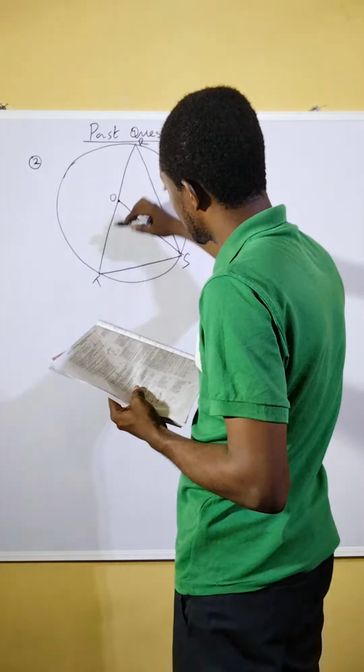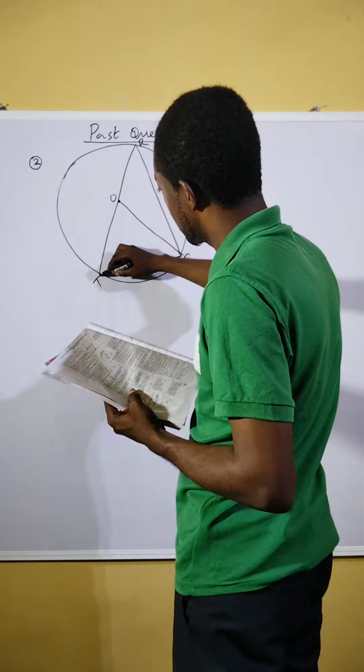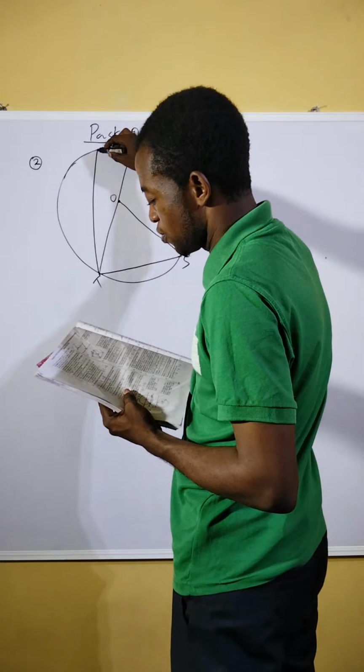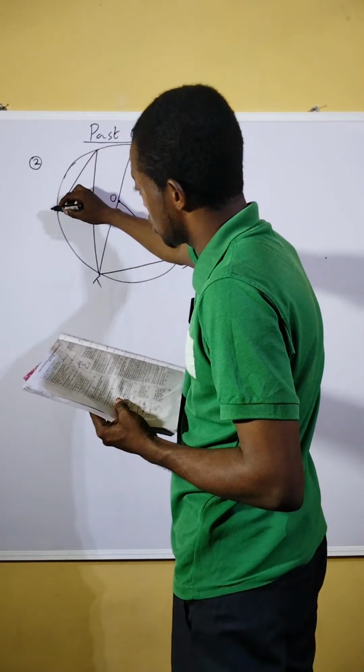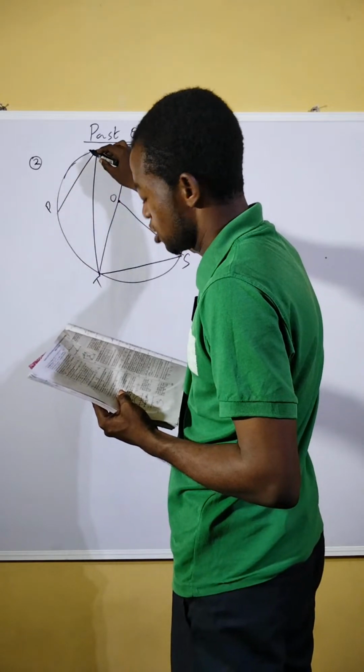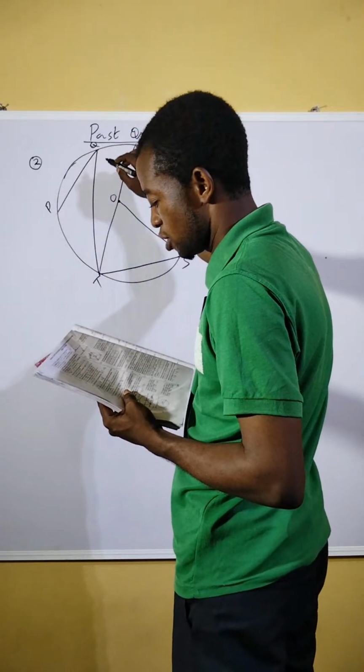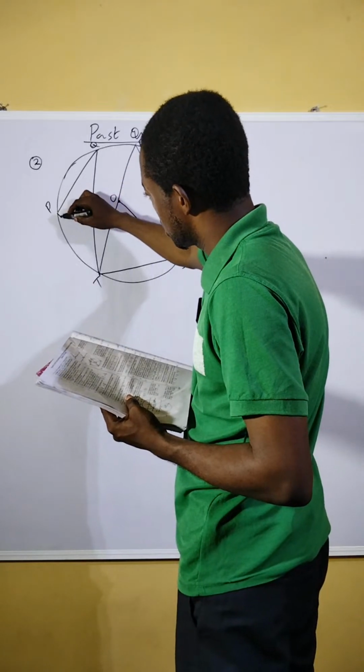And also another line here is formed, the circumference, which meets at the circumference here. This is P, this is Q at this point, and it is connected to T here.